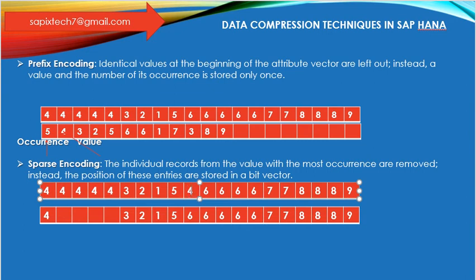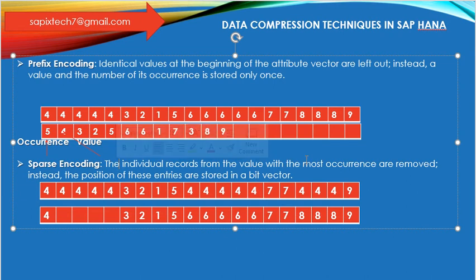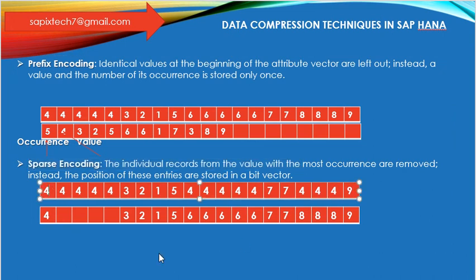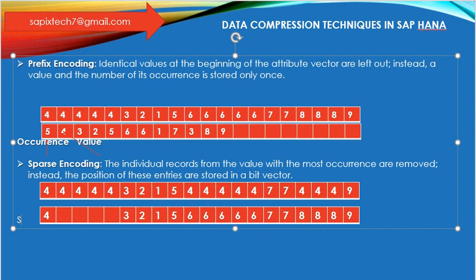For example, we have a 4 here as well, instead of 6. Then you will understand. Again, this is 4, 4, 4. As per the definition, the individual record from the value with the most occurrence. So most occurrence is 4. We can see that. So it will remove 4 and store it in sparse encoding.